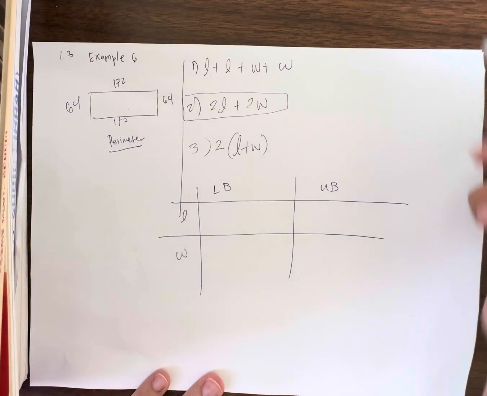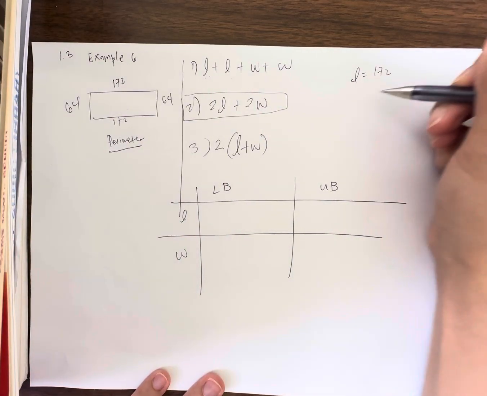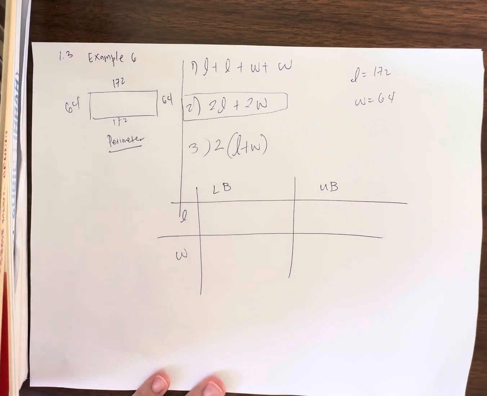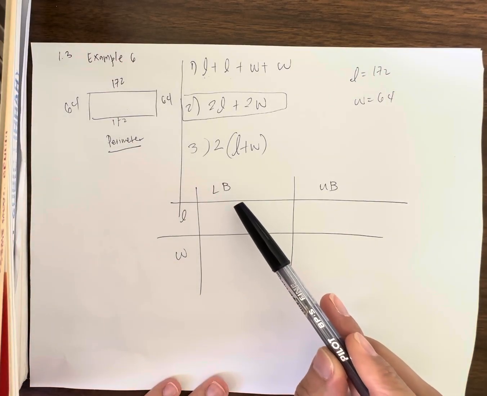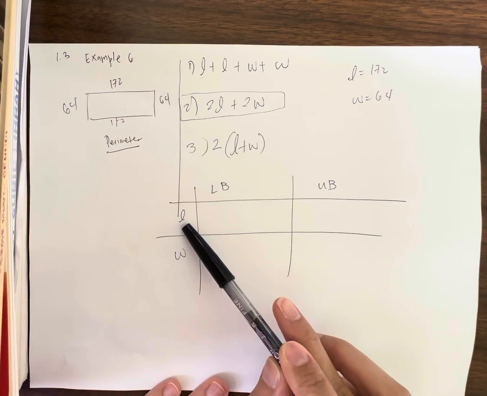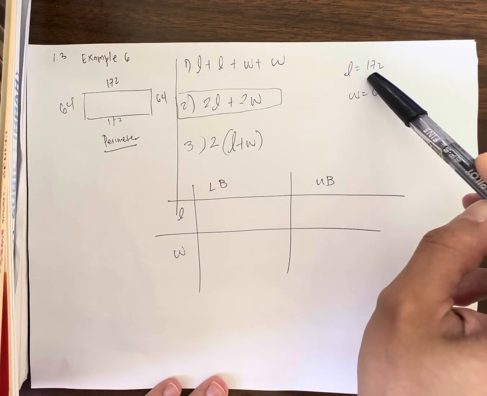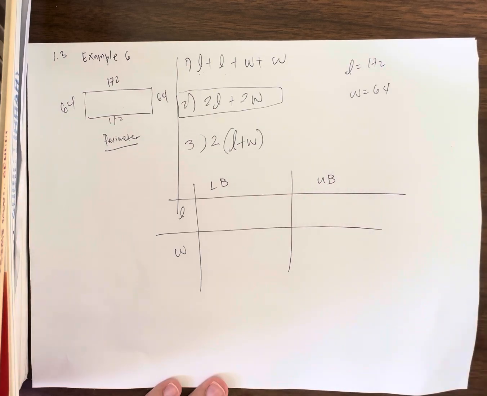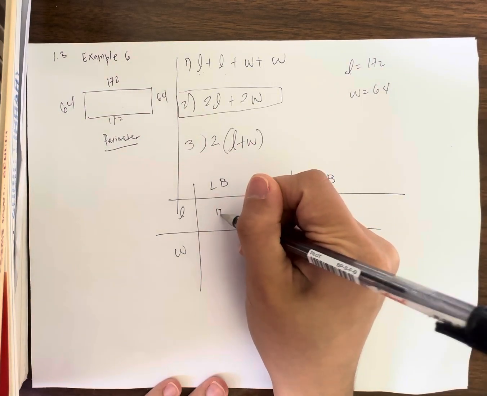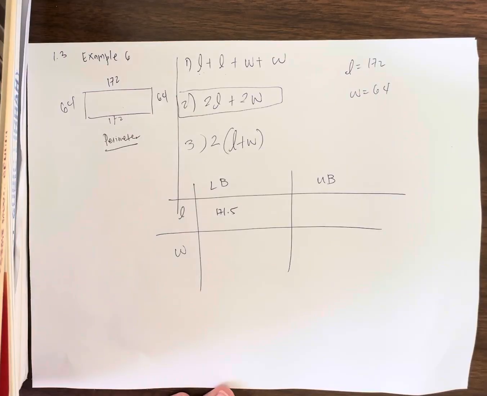So the length is 172, the width is 64. Now the lower bound for my length, because it's a whole number, will be this minus 0.5, and so that's going to be 171.5.